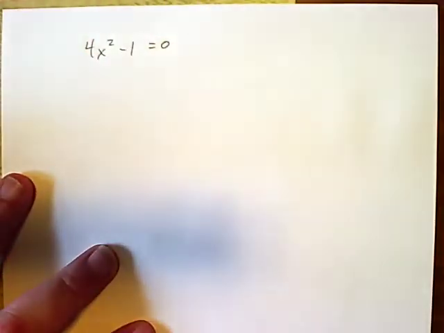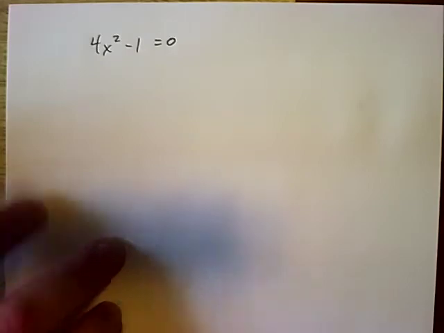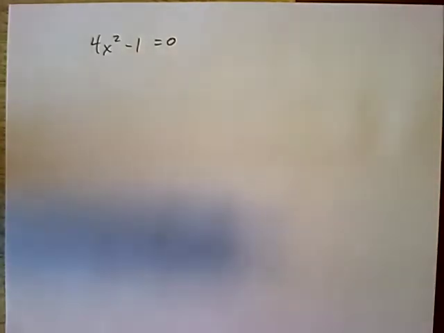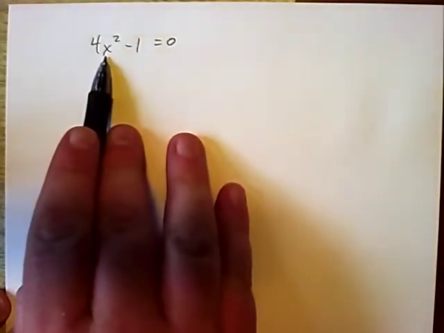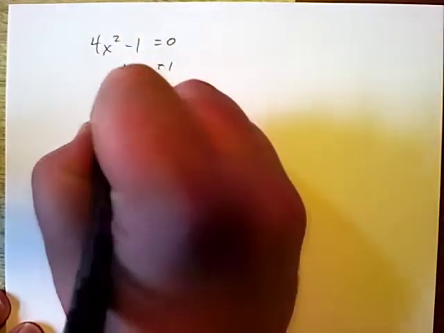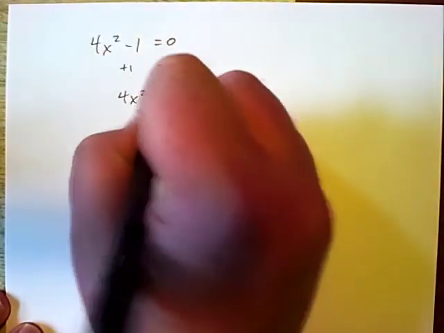What happens if I have something like 4x squared minus 1 equals 0? Again, I need to get that x squared by himself first. So I add the 1. 4x squared equals 1.